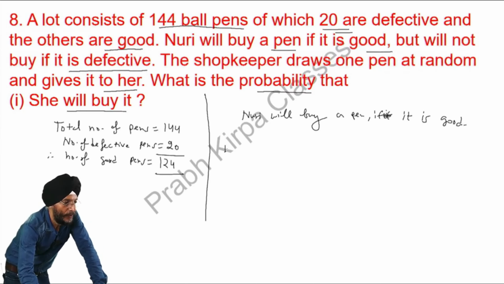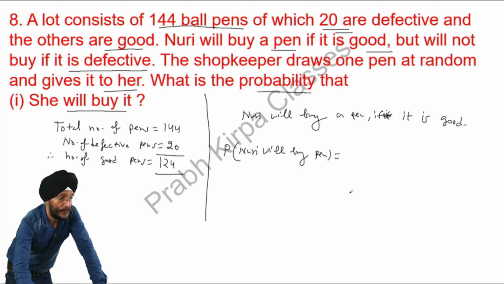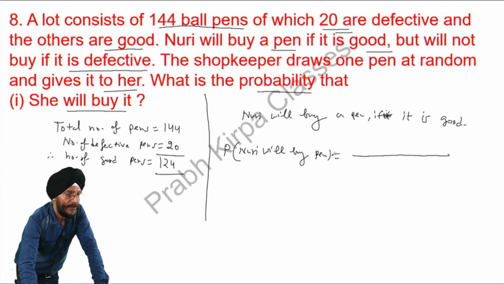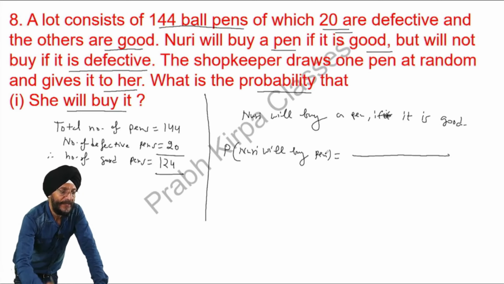So now we have to calculate the probability Noori will buy pen. We have to calculate this. So here, what is the probability of Noori buying the pen? Noori will buy the pen if it is good.